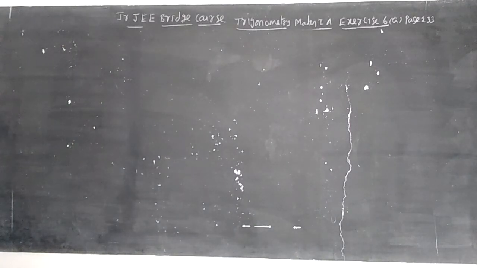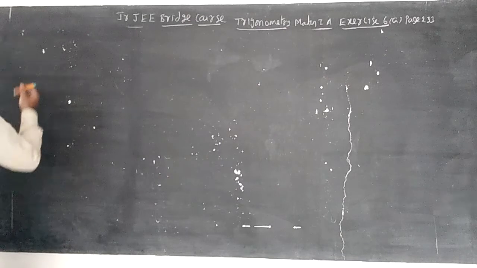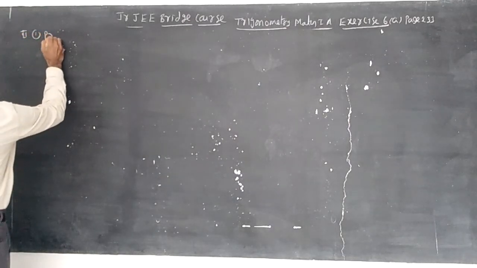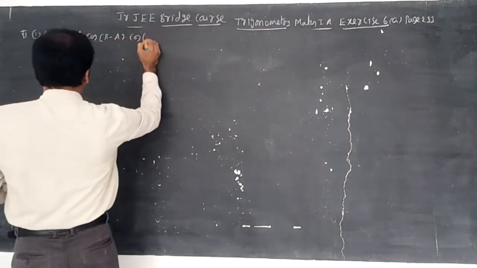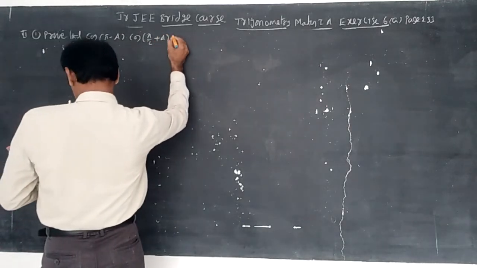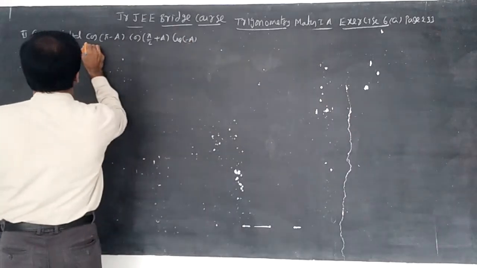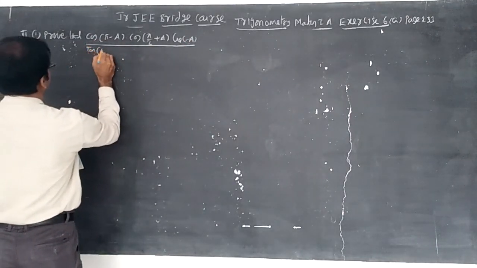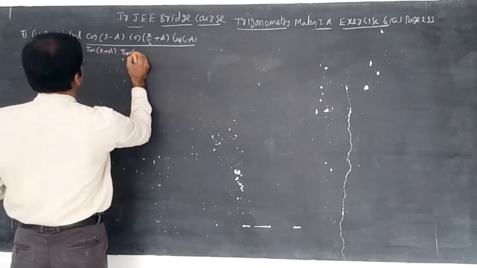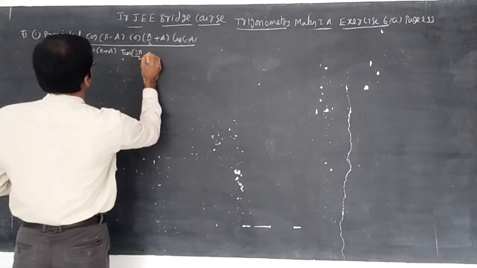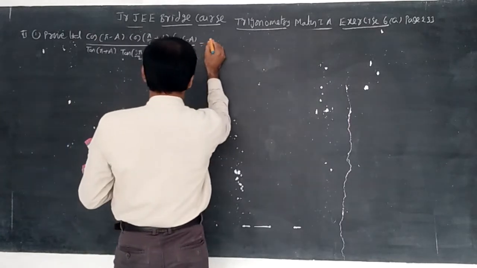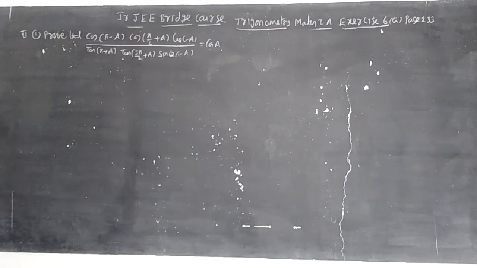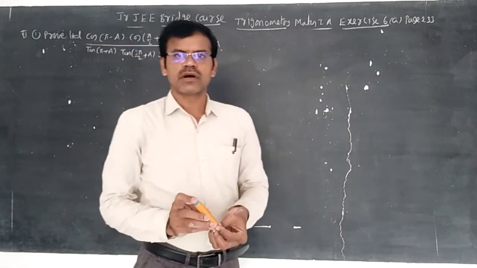Prove that cos of pi minus A into cos of pi by 2 plus A into cos of minus A, whole by tan of pi plus A into tan of 3 pi by 2 plus A into sin of 2 pi minus A, is equal to cos A.